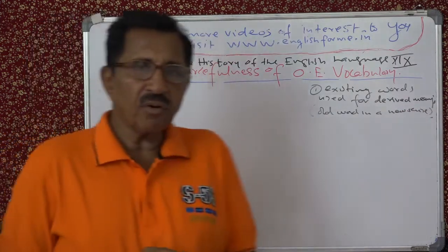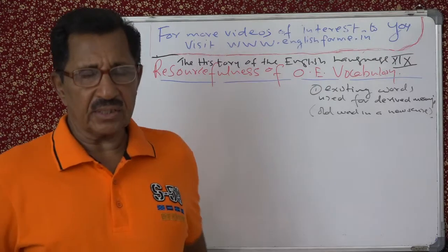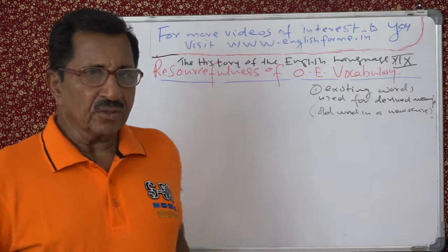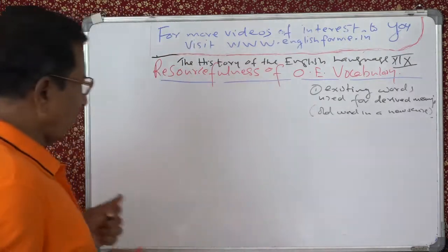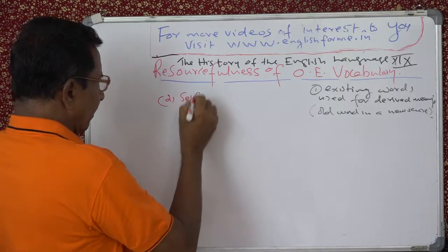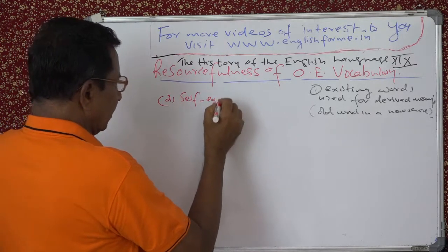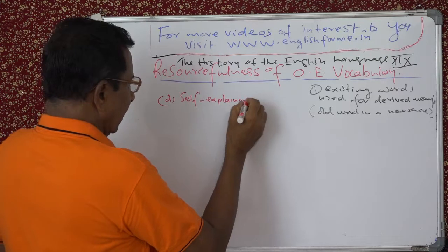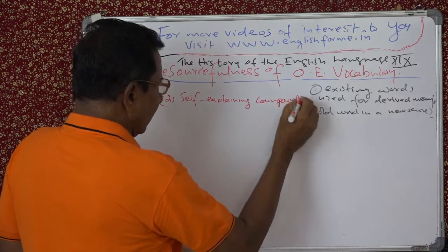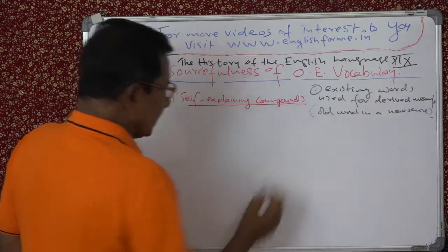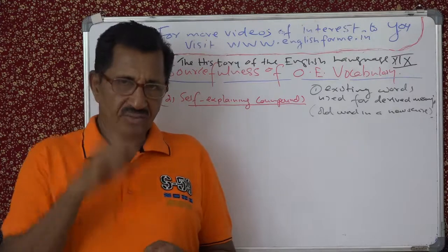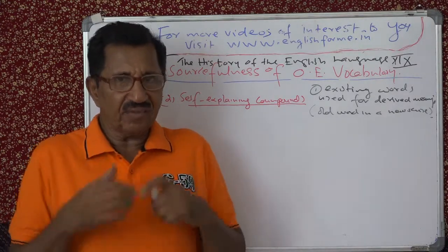Take the example of mod and then you can write this. I give a few examples like that. It's not very difficult, I think. It will be alright. So the next one is self-explaining compound. Second, self-explaining compound. And that means you have these self-explaining compounds in modern English also, plenty. Steamboat, electric light, sunrise. These are compounds, self-explaining.